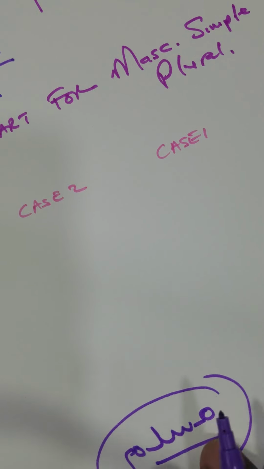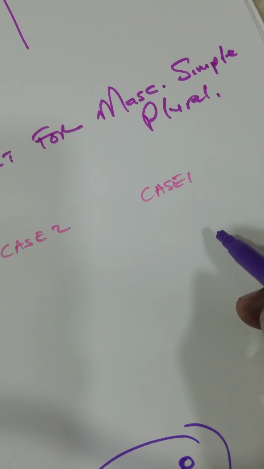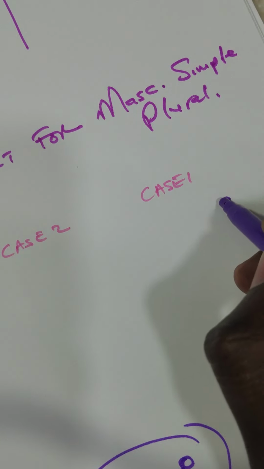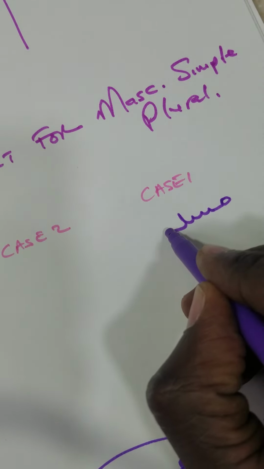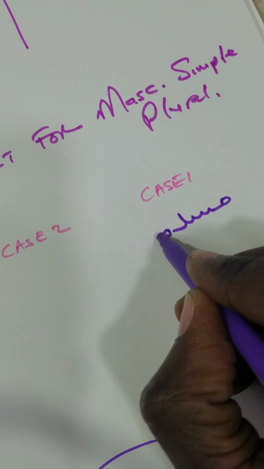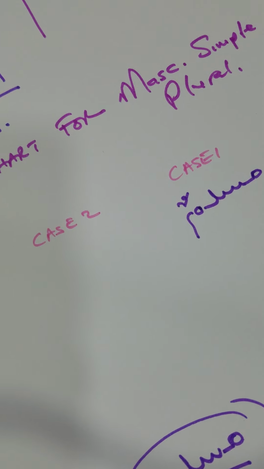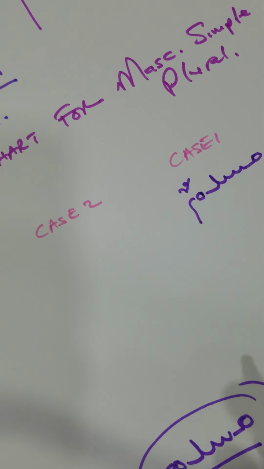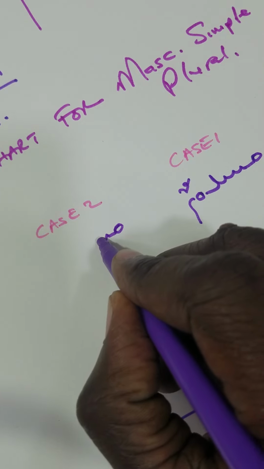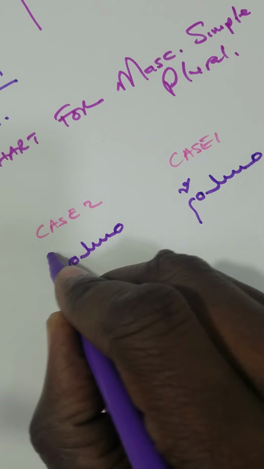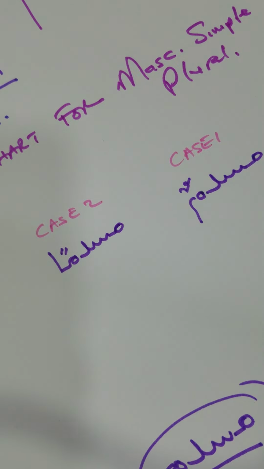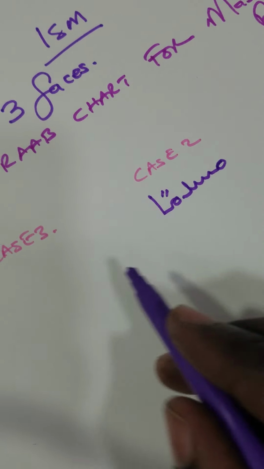This word will either be Muslimun, even if it's not written, but when you learn, you'll know when to say Muslimun or Musliman, Musliman, or Muslimin.